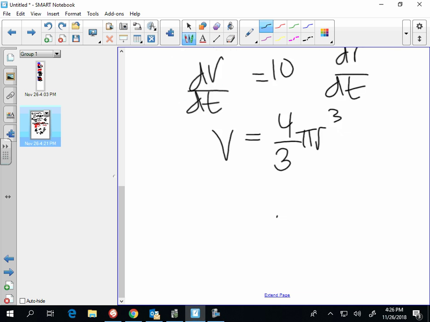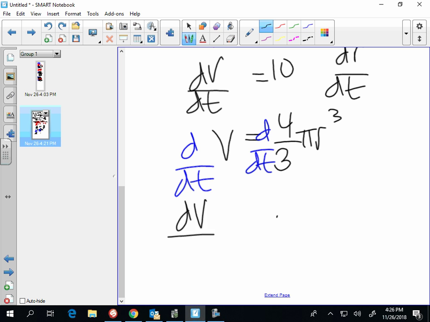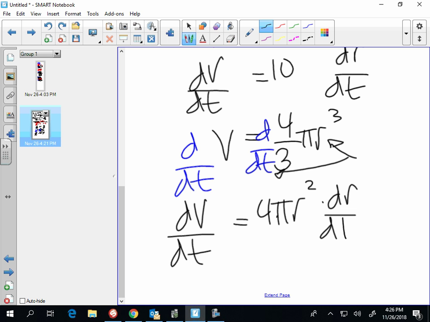So when I take the derivative of both sides with respect to time, on the left-hand side, I've got dV/dt. On the right-hand side, I have 4 pi r squared. Don't forget chain rule. You need to take the derivative of that inside function with respect to time, so times dr/dt.